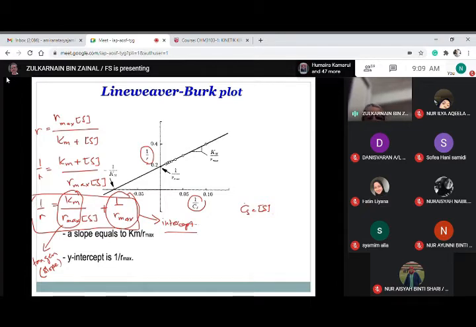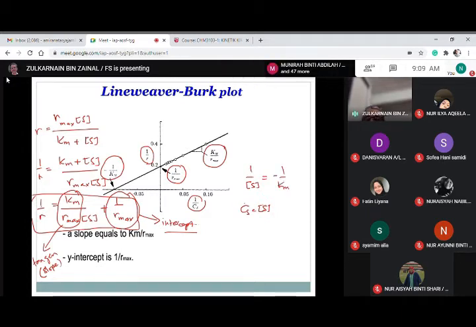So you can see the intercept there is 1 over R max, and the slope is Km over R max. And you also have another one. When 1 over Cs, 1 over the concentration of S, is equal to minus 1 over Km.